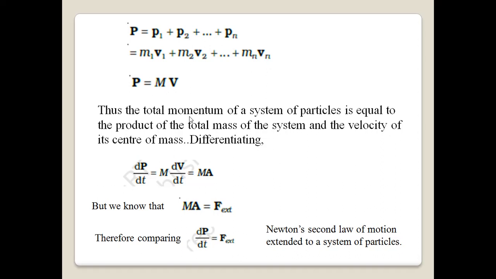So, the total momentum of a system of particles is equal to the product of the total mass of the system, that is capital M, and the velocity of its center of mass, that is capital V.